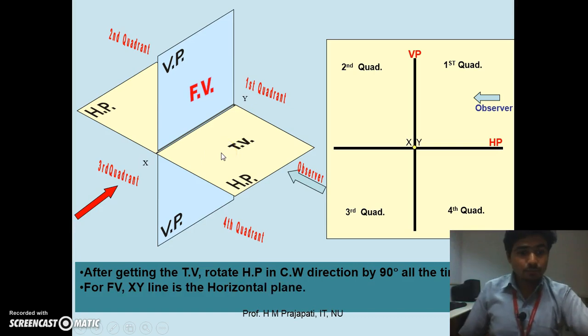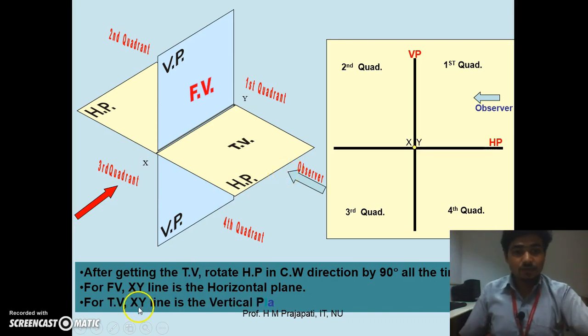The second important thing is that for the front view, the vertical reference plane works as the reference plane for you to get a view on it. At the same time, the horizontal plane overlaps on XY. So XY is considered as HP when you are dealing with the front view.